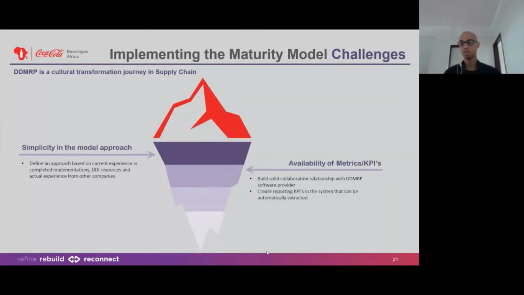Obviously, the second challenge is the metrics, or the KPIs, because all of these criteria that I've described in the previous slides, in the dimensions that we used, were required to exist. They must be simply and automatically available from the system.